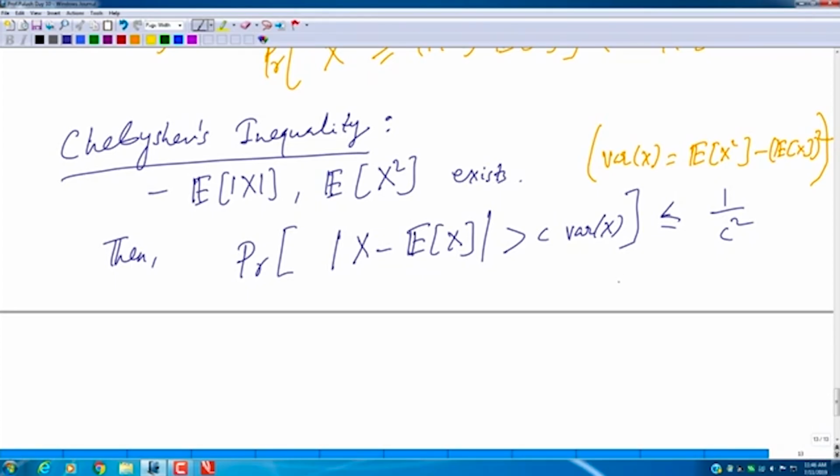This is for all real numbers c. Let's prove it. It should be c times the square root of variance, I think.